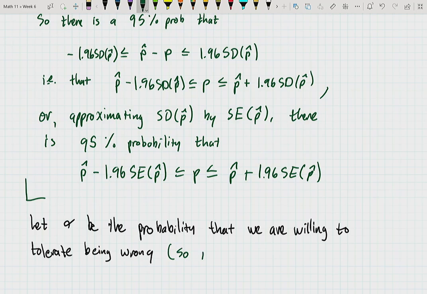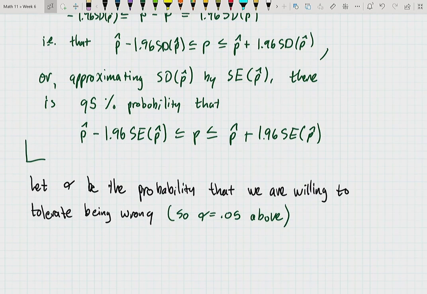Alpha was 0.05 above, which usually is what it is, by the way.